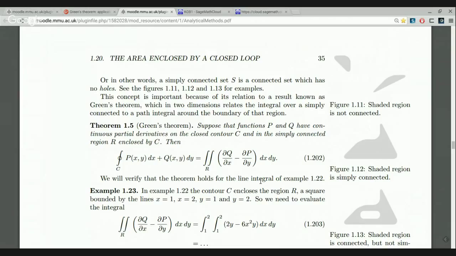In that case, the integral of P dx plus Q dy over the closed curve C, traversed anti-clockwise, is equal to the double integral of the difference of partial derivatives, ∂Q/∂x minus ∂P/∂y, over the region R.